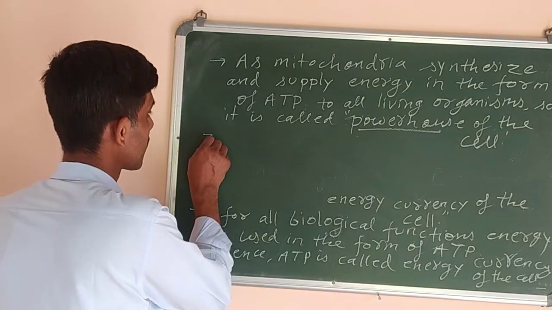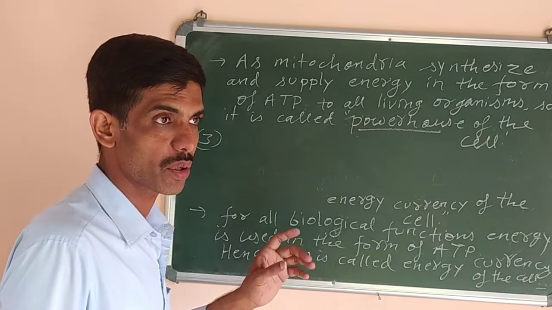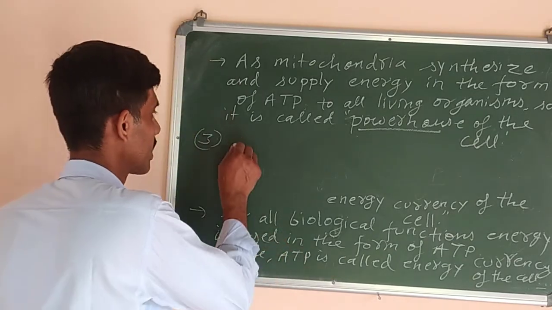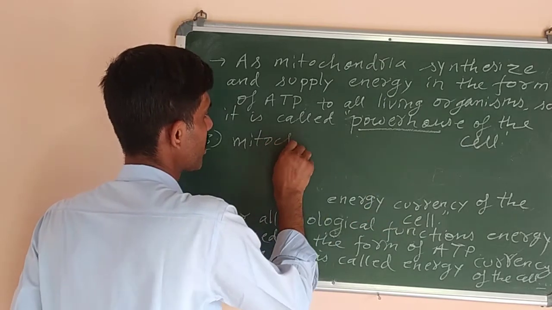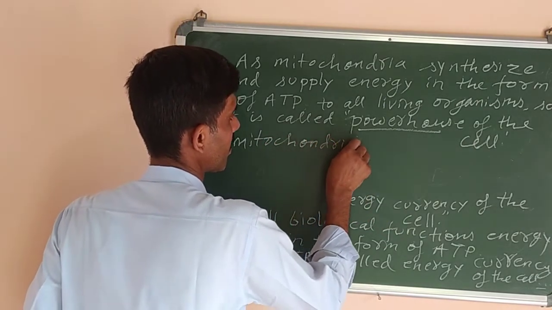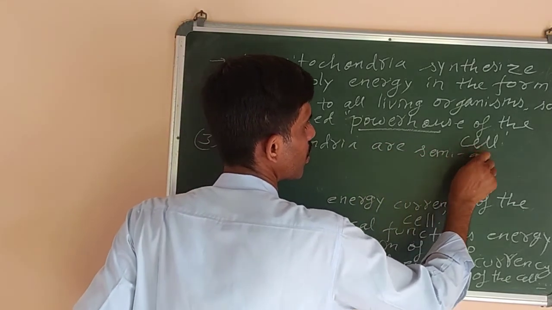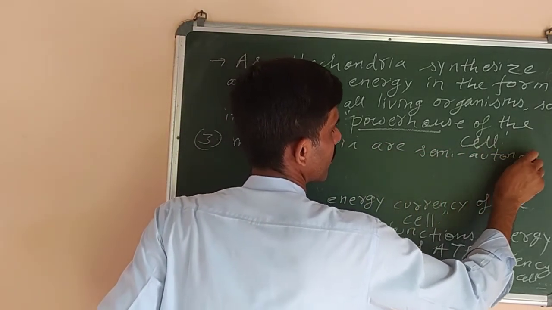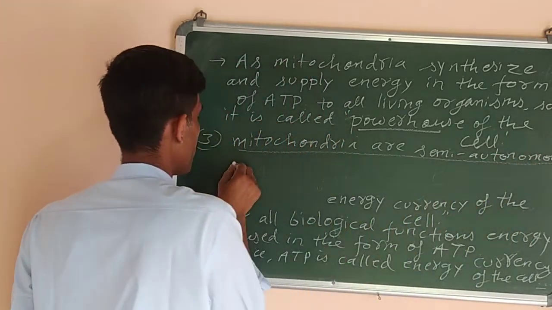Now last part is mitochondria are semi-autonomous. Third function, mitochondria are semi-autonomous organelles. Okay, mitochondria are semi-autonomous organelles.